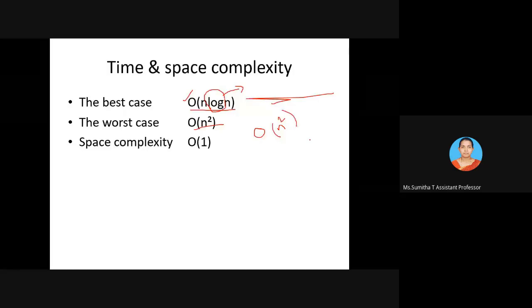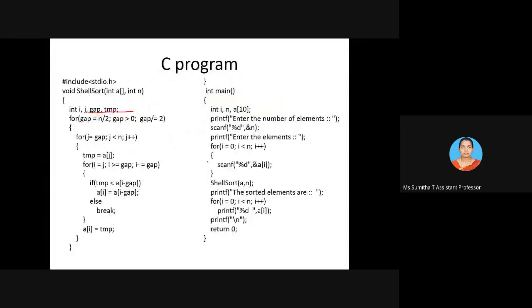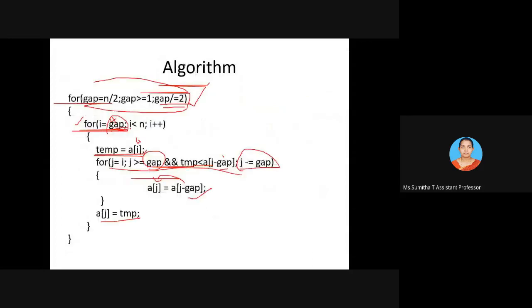So for space we go with order of 1. We are just using one variable, that is temp, right? Gap is nothing but again a numerical element, so no problem.